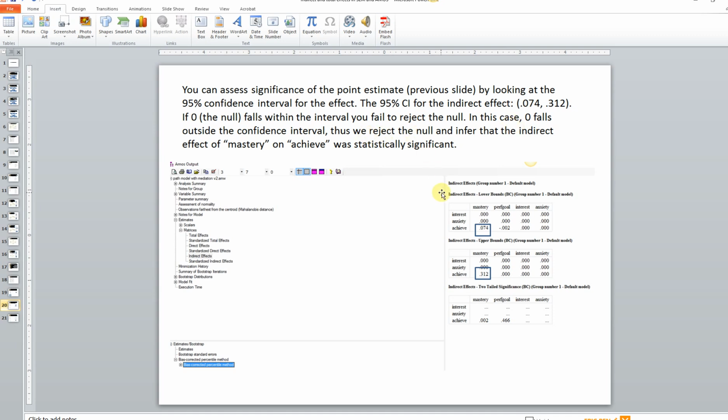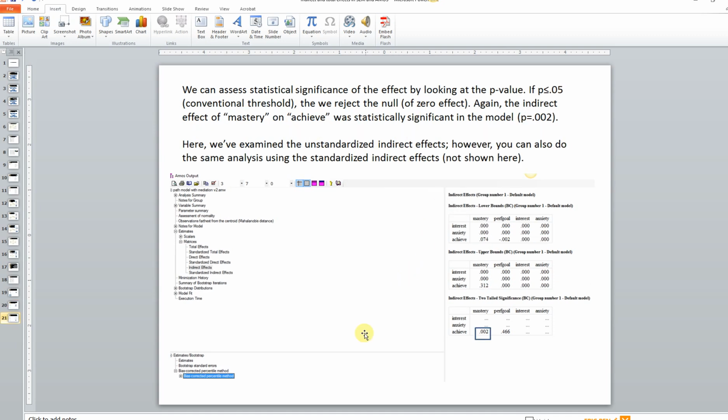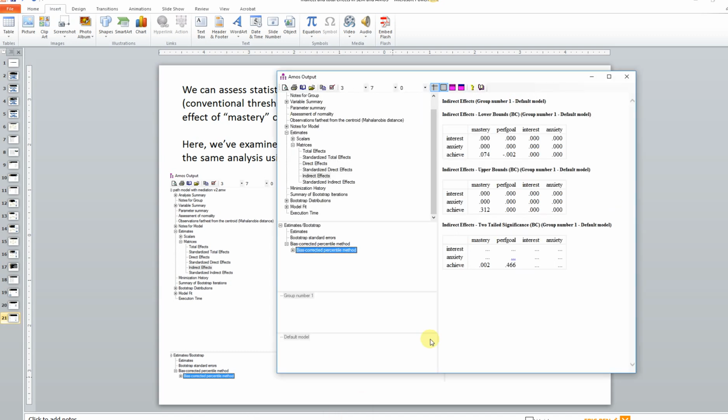If we want to look at a p-value, then down here you've got p-values for a two-tailed test of significance. The p-value for the indirect effect of mastery on achievement is 0.002. So if we adopt a conventional 0.05 level for the test of the indirect effect, we can say that the indirect effect was statistically significant for the model.